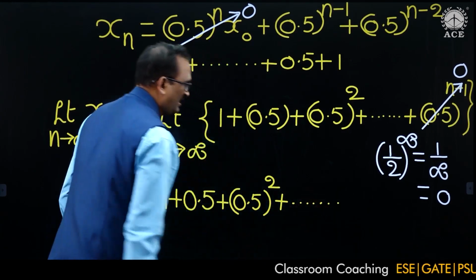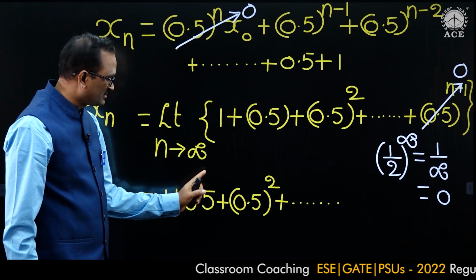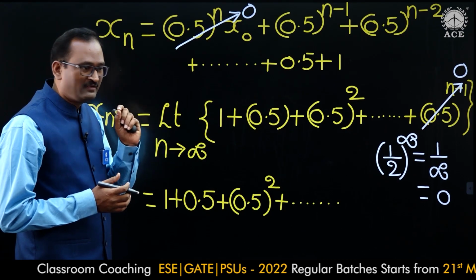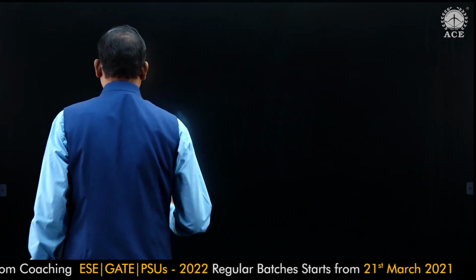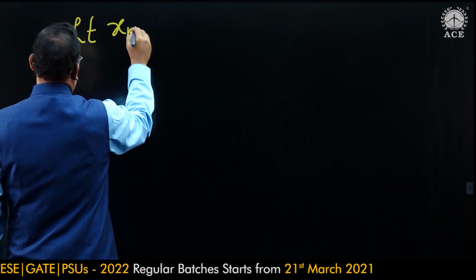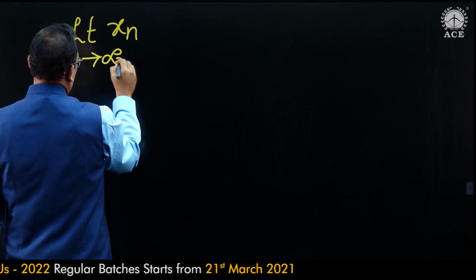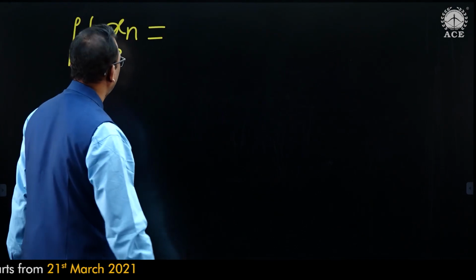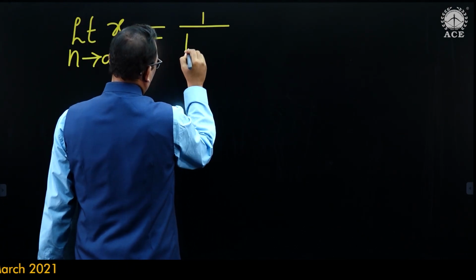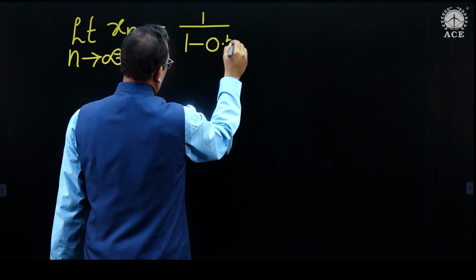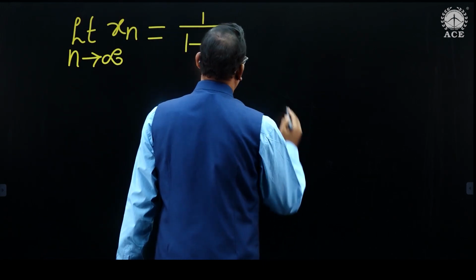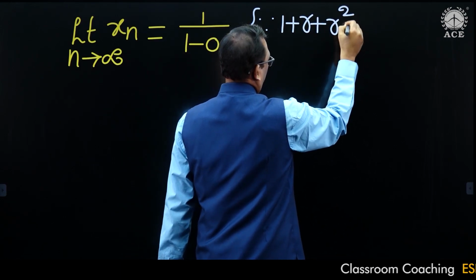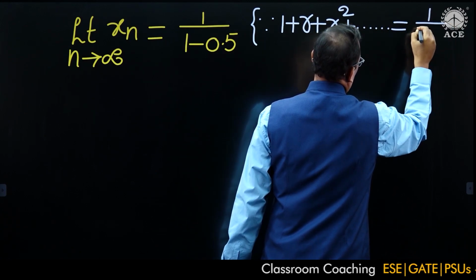This is a geometric series in the form of 1 plus r plus r square plus so on. The sum of an infinite number of terms of a geometric series is 1 by 1 minus r.